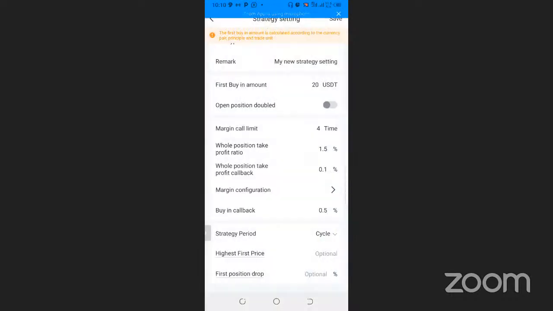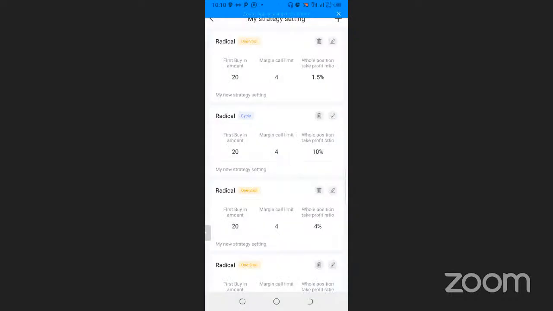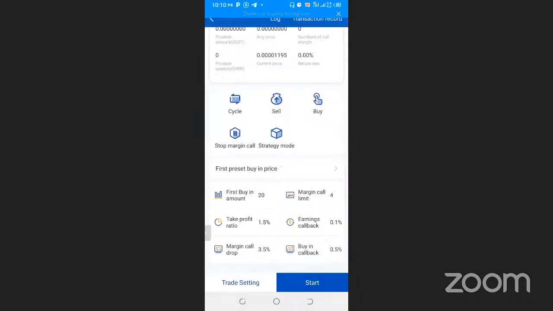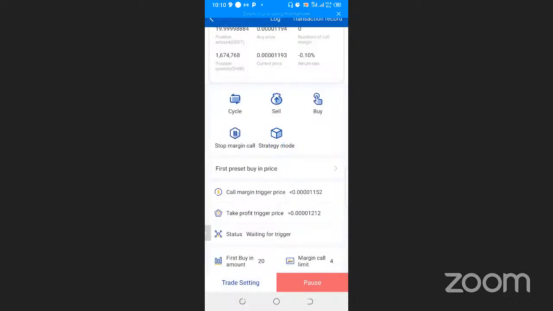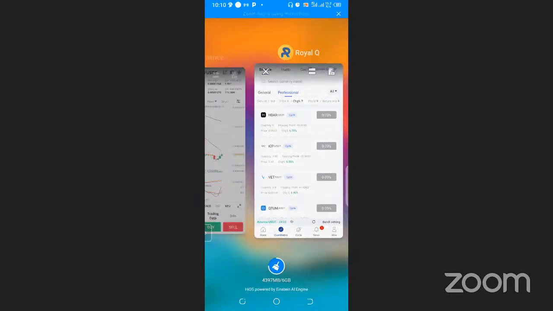Confirm, one shot, save. All right, we go. We save. Now that is the last coin we are going to trade this morning.